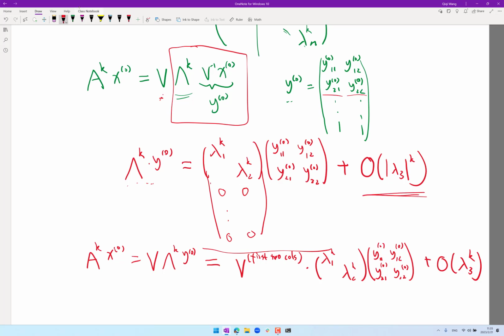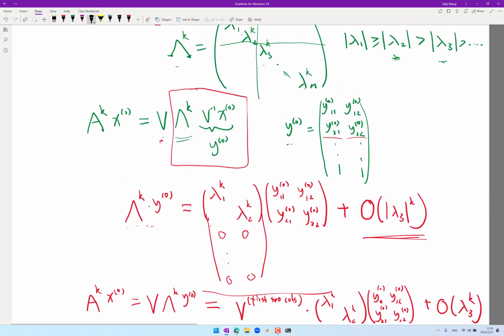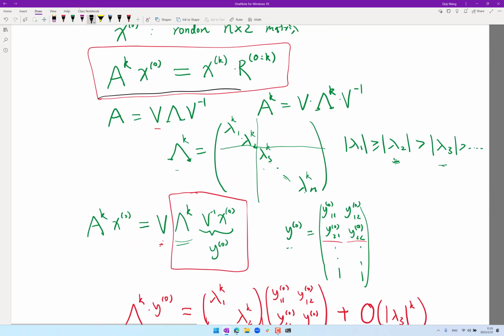Now the second critical step of this analysis is to take this formula and multiply with this transpose. So what is this formula multiplied with this transpose?